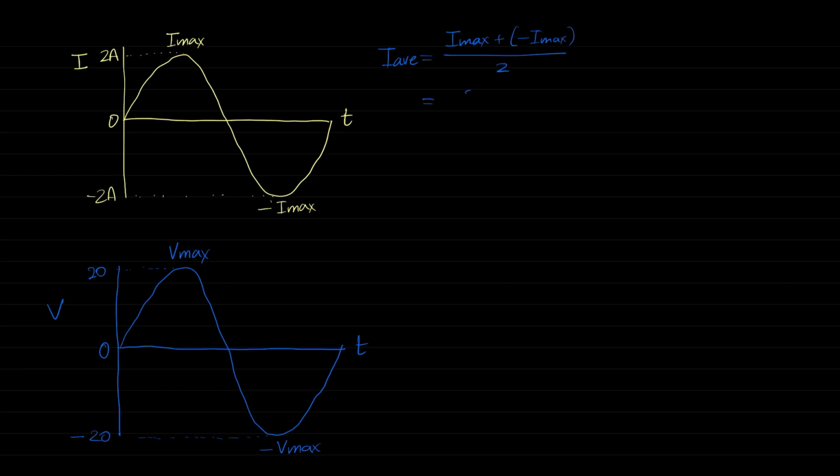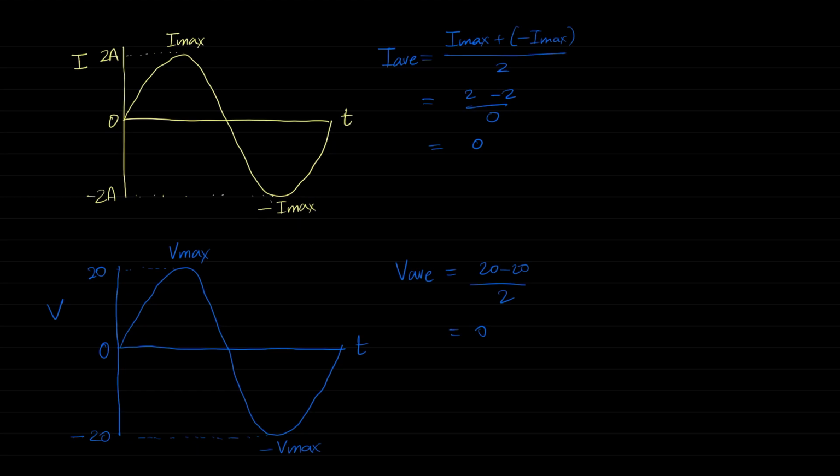In this case, sorry, we said it was 2. So 2 minus 2 over 2, the average current is going to be 0. Similarly, if we did the same thing for voltage, V average is going to be 20 minus 20 divided by 2, and that's 0. And so clearly that's not correct. So there has to be another way.